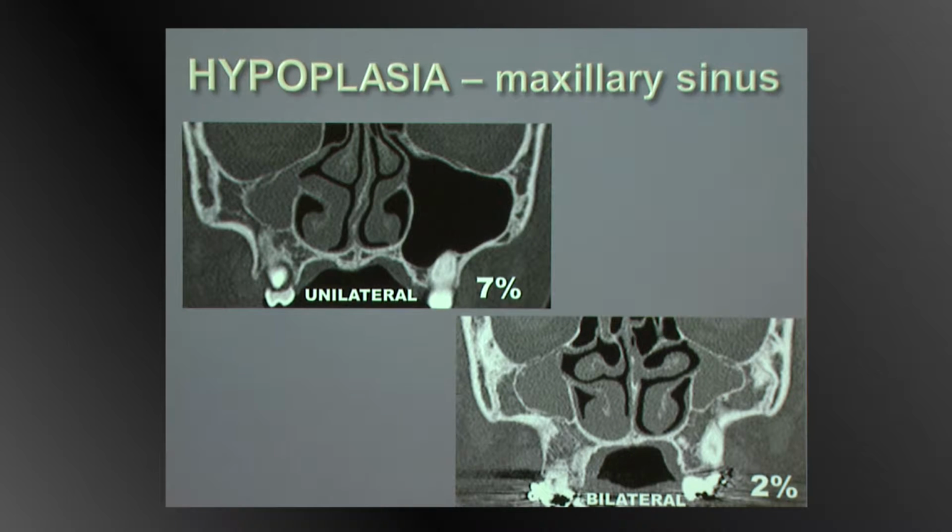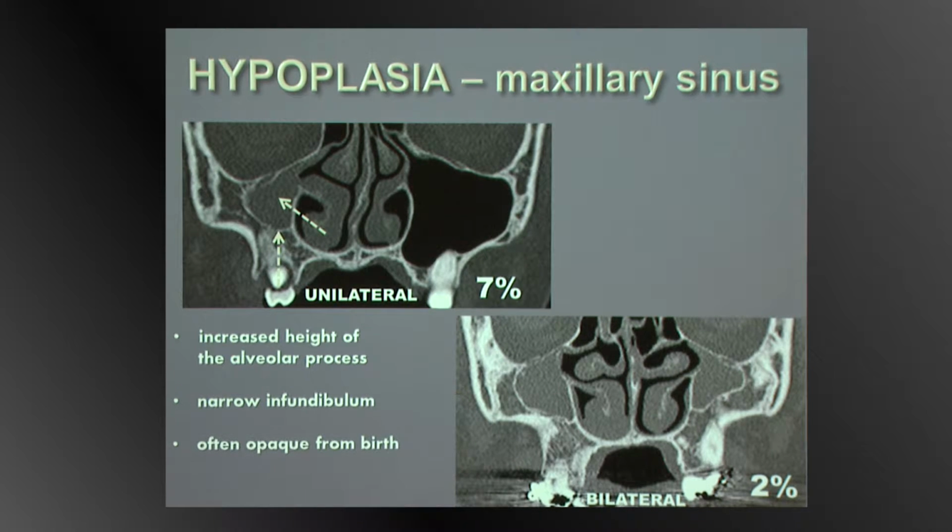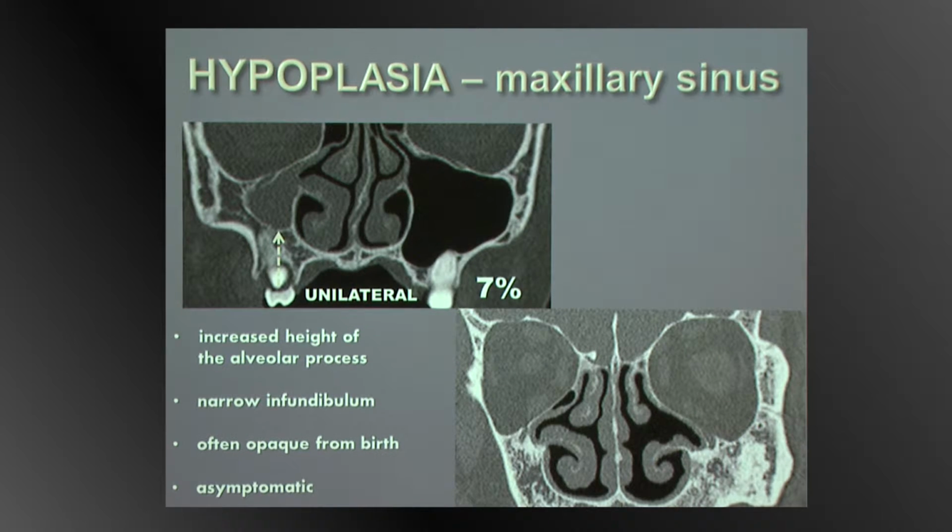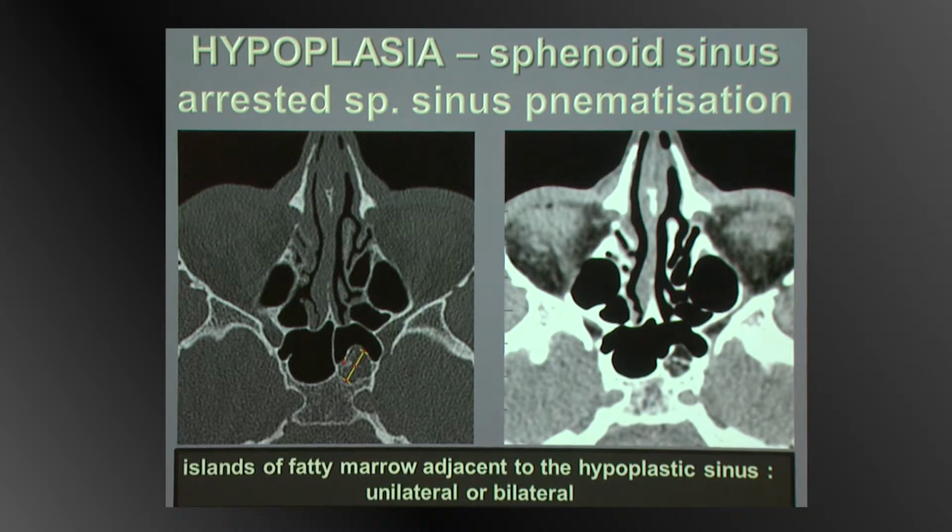So unilateral 7%, I won't go through the science because Gav discussed them already. 2% bilateral. Increased height, the alveolar process, as we said, is the sine qua non of this condition. Narrowing infundibulum, often opaque from birth, and often asymptomatic. And there's gross or total aplasia of the maxillary sinuses.